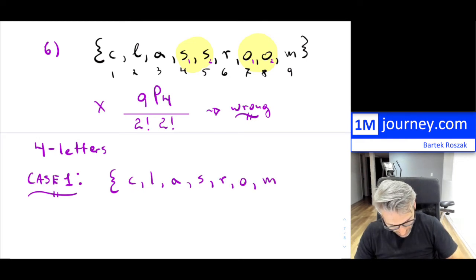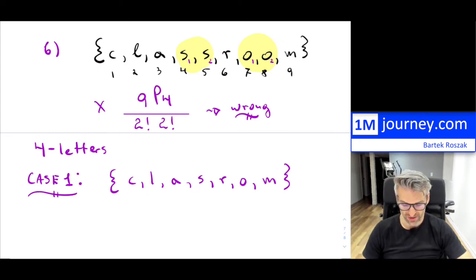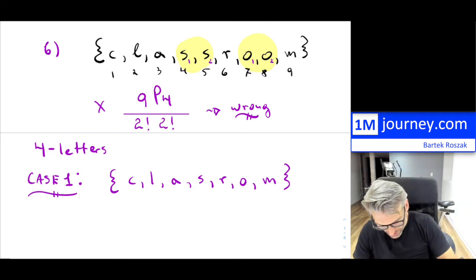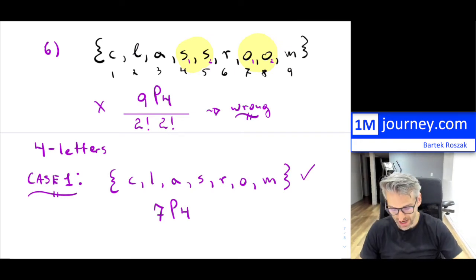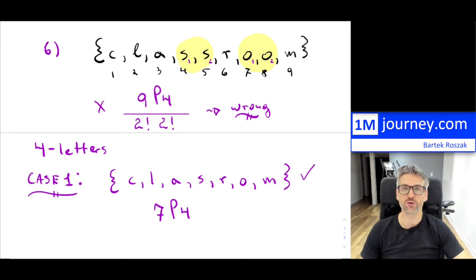Then say, if I did this, I actually have only 7 letters in total, and how many different ways could I rearrange them? For this, indeed, it's 7P4. So how many permutations are there? That is true if I would take that. So that's the case when there are no repetitions at all.